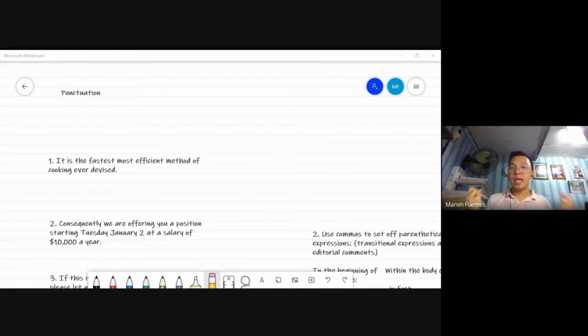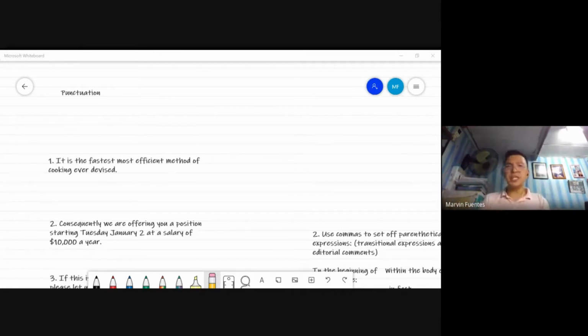However, when we say subordinating conjunctions, remove it. Now, the dependent clause will become an independent clause. Ibig sabihin, clear na, pareho. Okay? So, ibig sabihin, it is not essential. Tanggalin mo si subordinating conjunction, still, the sentence is complete.